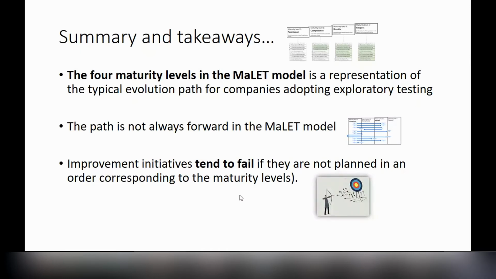We also saw, which we didn't talk so much about previously, that improvement initiatives tend to fail if they are not planned in an order corresponding to the maturity levels. For example, in 2 cases, the companies described that they wanted to introduce exploratory testing in another part of the company, and started with instructions and documents, which is something that, as ways of working, is placed on level 3 in the model.